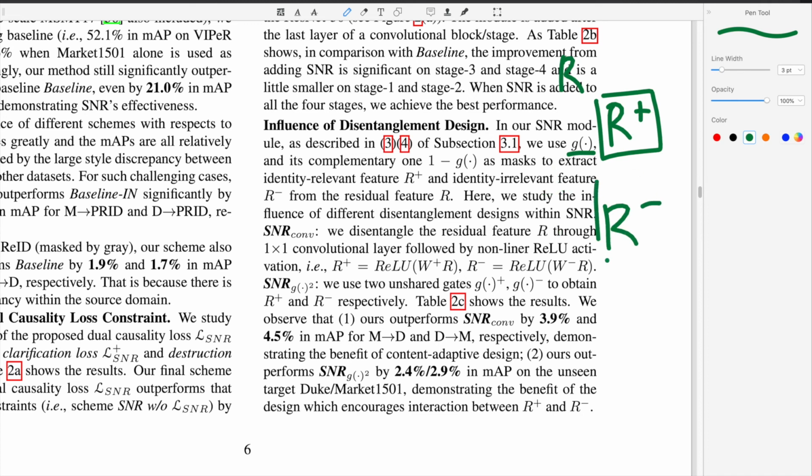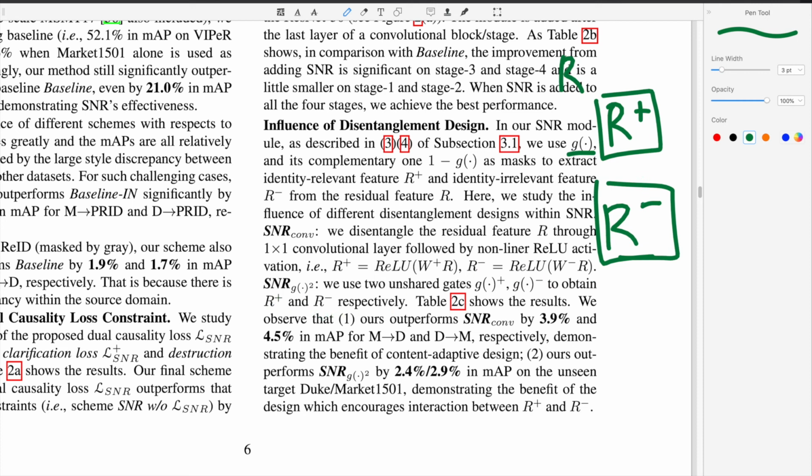And the different designs in this module, such as SNR conv, disentangles the residual features R into R plus and R minus through 1-by-1 convolution followed by ReLU like this. And the SNR G squared uses 2 unshared gates, G plus and G minus, to obtain R plus and R minus respectively.